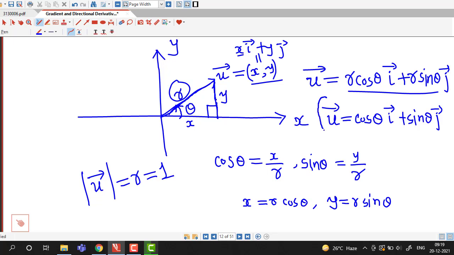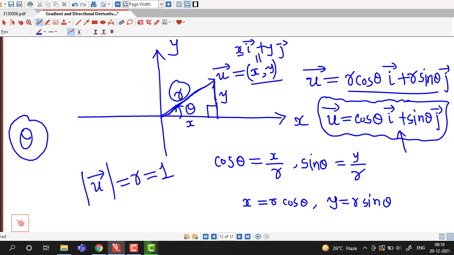Sometimes in problems of directional derivative, you will not be given vector u bar directly, but they will say that u bar is the unit vector given by angle theta. So we will remember that the unit vector given by angle theta can be written as cos theta i plus sin theta j.